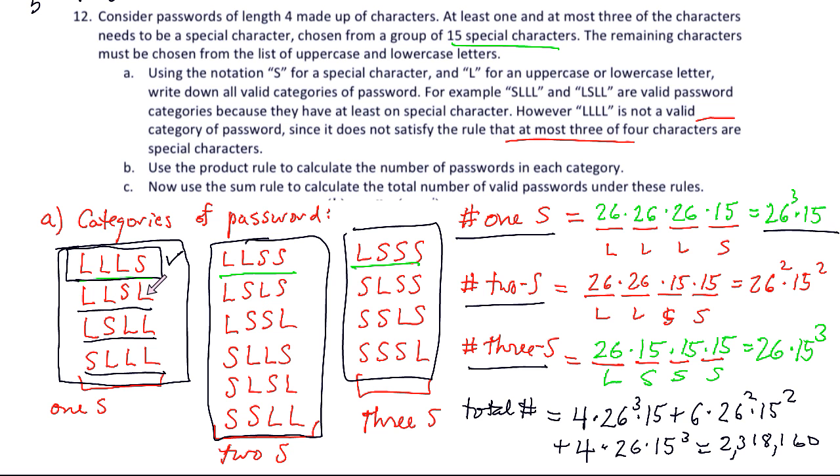So I've used the sum rule in two ways at 2 different levels. I use it to multiply this value times 4, this value times 6, and that value times 4, and then I finally use the sum rule to add up all 3 categories, and I put these pluses in here. So hope that helps. I think this finishes out that homework set.